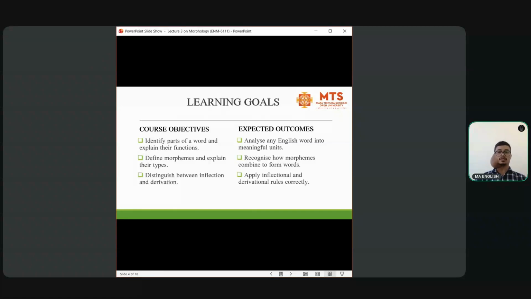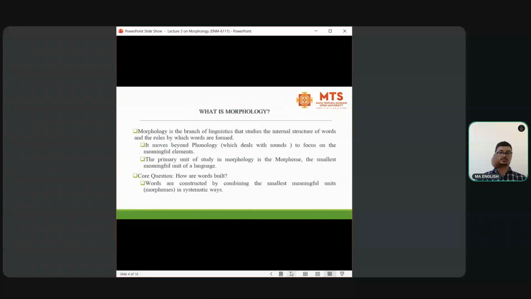Okay. So next, let's move on to the definition of morphology. Morphology is simply the study of the internal structure of words. In phonology, we study sound patterns, but sounds alone don't carry meaning. In morphology, we study the smallest meaningful pieces.